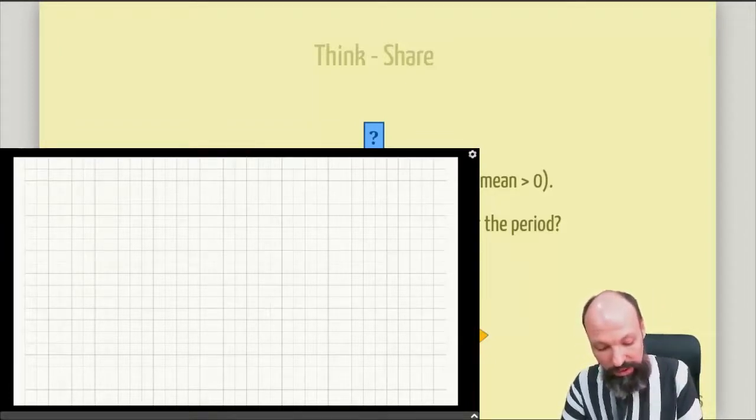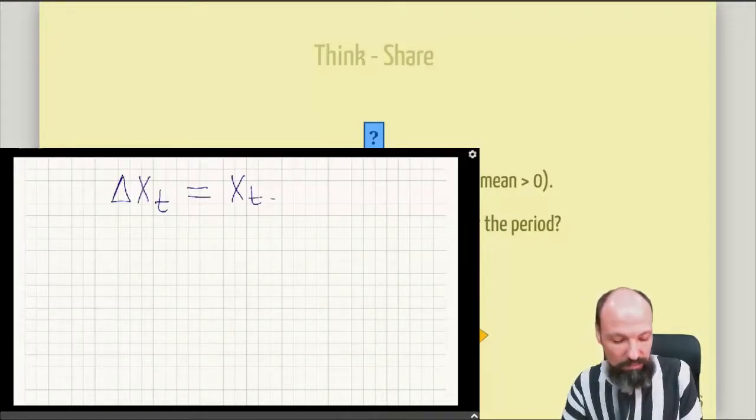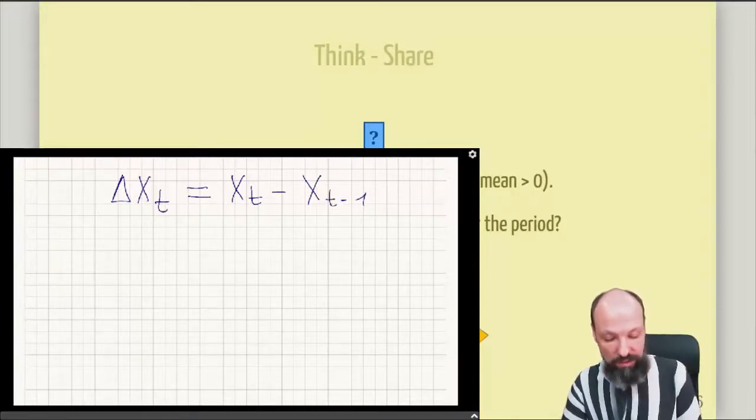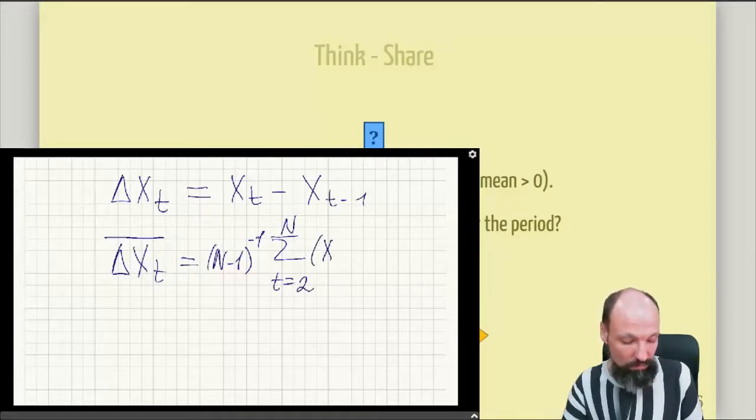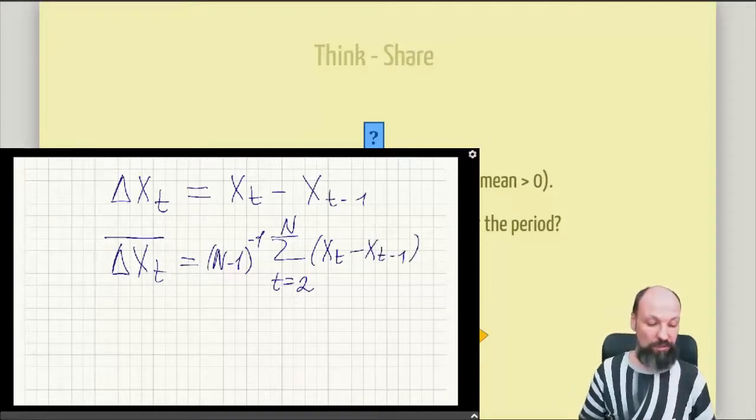Because what we have is that the first difference is this. And the average of this thing, by definition, is, so this is the average of the first difference.